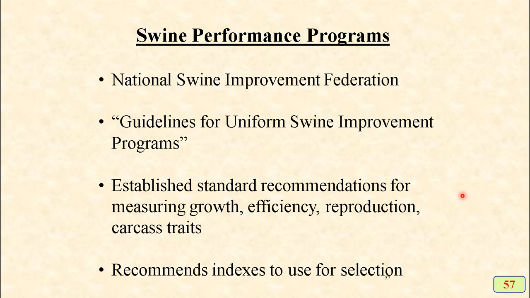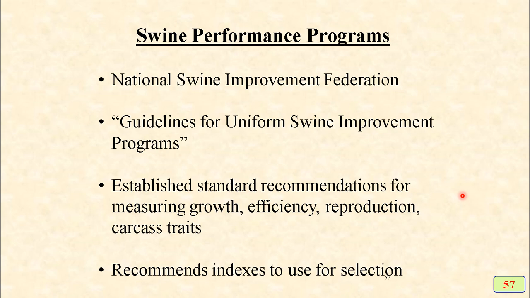Apart from this, for swine also there were performance programs. The National Swine Improvement Federation in the US, and in India also a lot was done to improve swine production, especially in the northeast states.